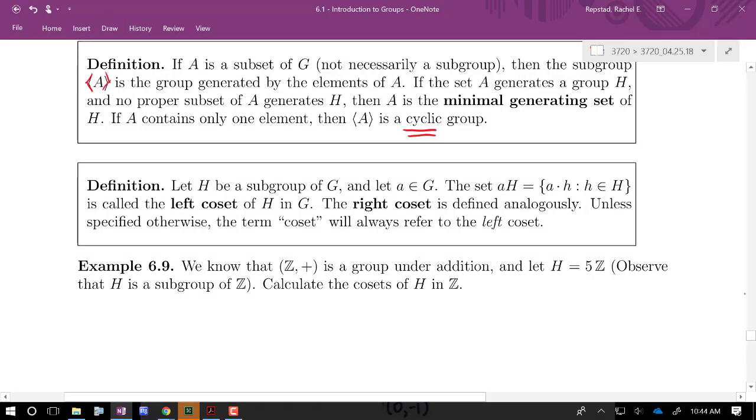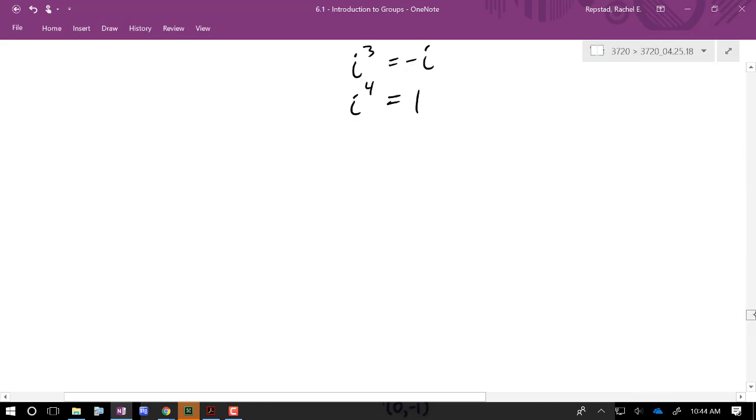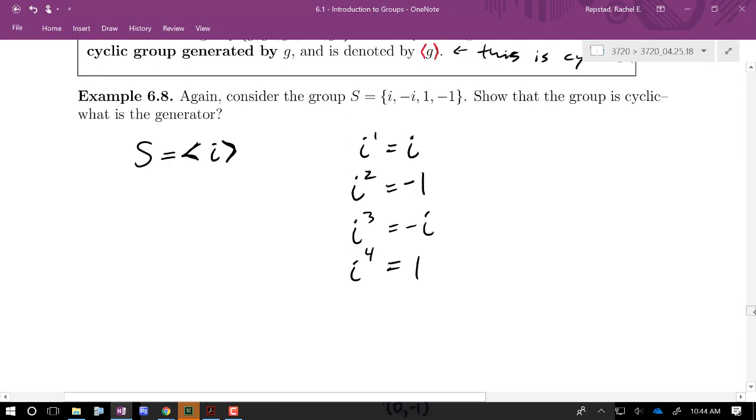If we go back up here to this group that we were looking at, I could consider the fact that I could generate these same elements if I take I and -1. I will generate all the same elements. So I could also say that S is generated by those two elements. But I don't need them both, right?